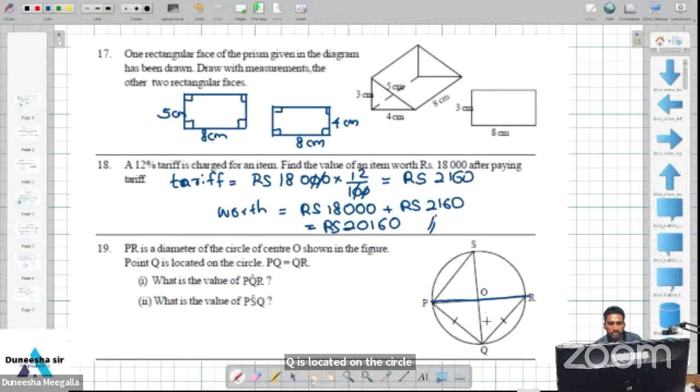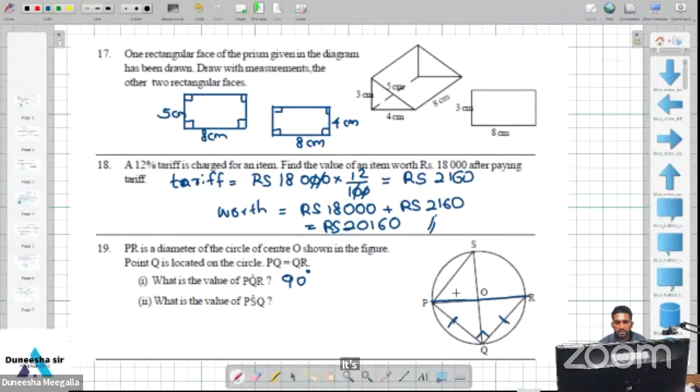PQ equal to QR, it's given here. What is the value of PQR? PQR is 90 degrees, because it is an angle in a semicircle.